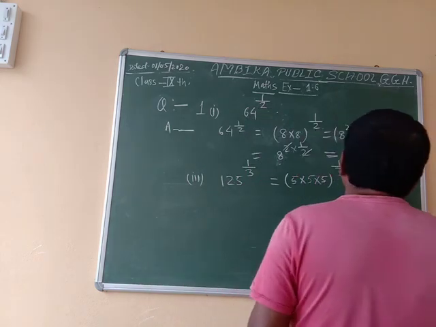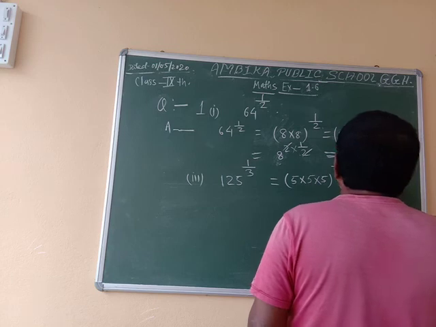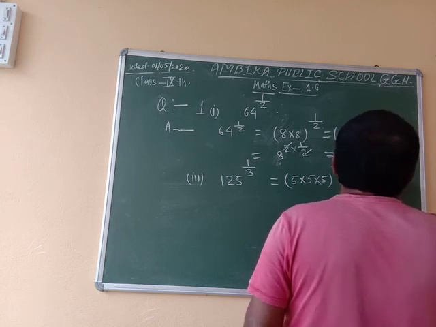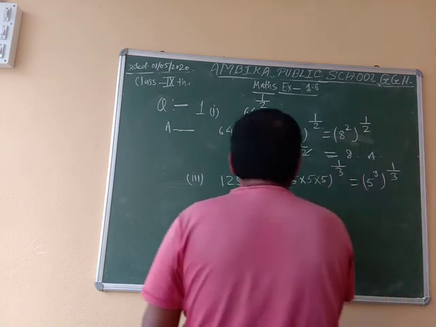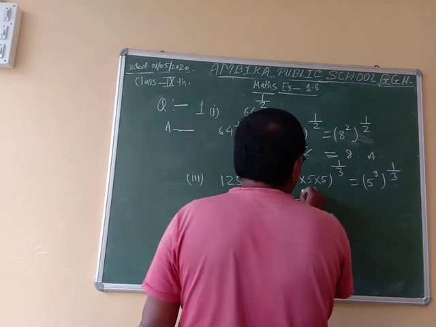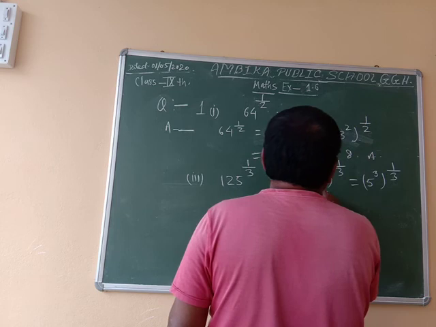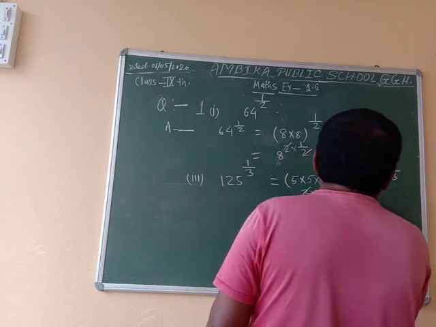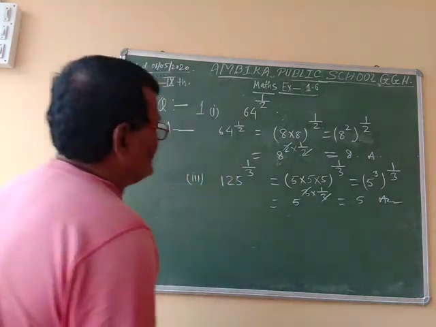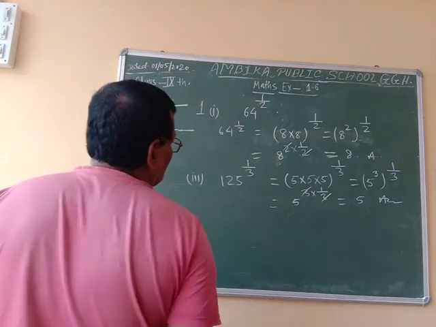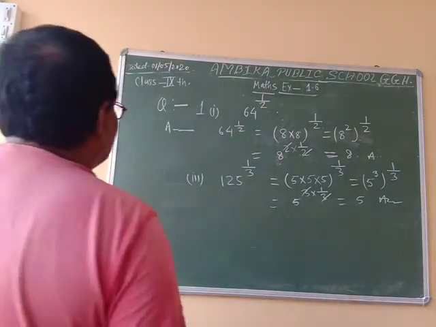Factorization of 125 is 5 into 5 into 5, so 5 to the power 3 into 1 by 3 is equal to 5. Answer. This exercise is very easy. You can solve it yourself.